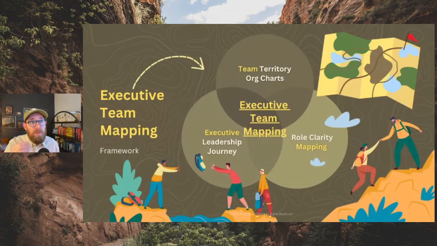I'm going to start with the framework because this is the process that you actually use the toolkit on. The first one is you're going to look at the team territory, so to speak. You're looking at the org chart again with fresh eyes. And there's actually a template that I use so that you're structuring your teams around your strategy, not your struggles. So many times we're making the org chart around our struggles, and we're just obligating people to help out.